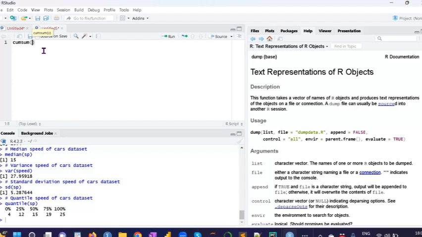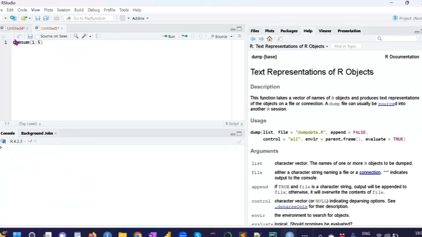So I am giving the range 1 to 5. This is the range. If I run it, it gives 1, 3, then 6.